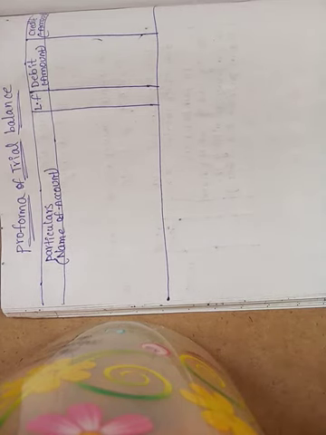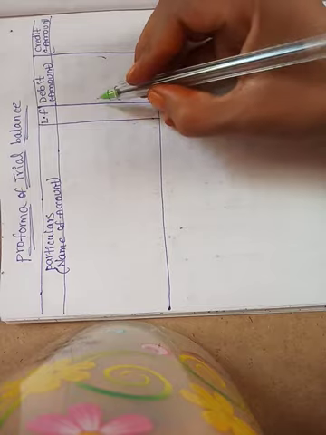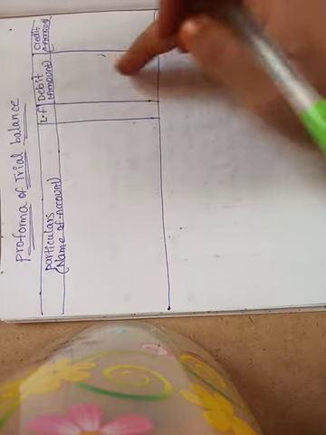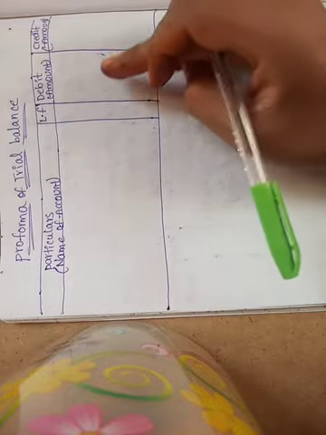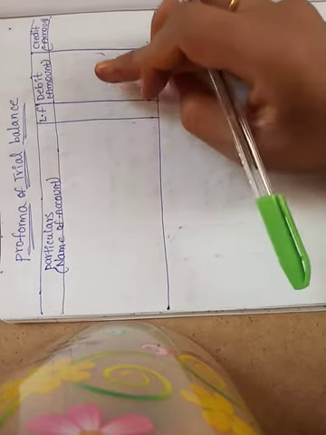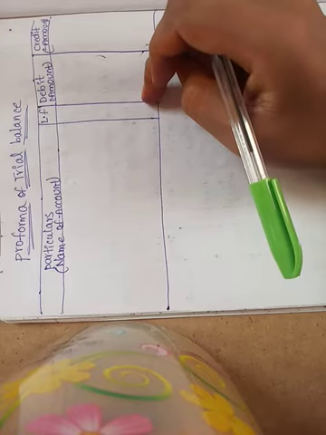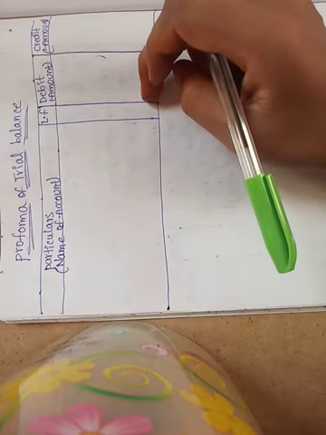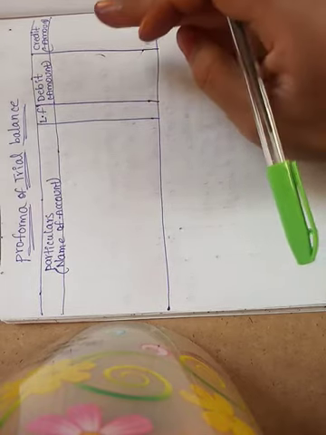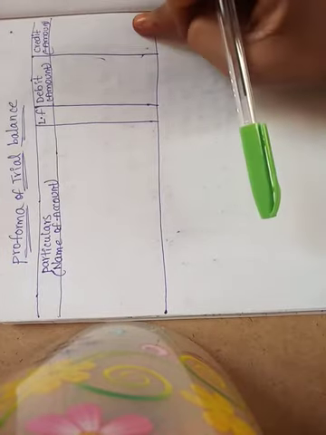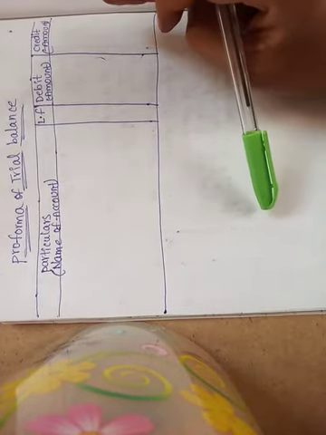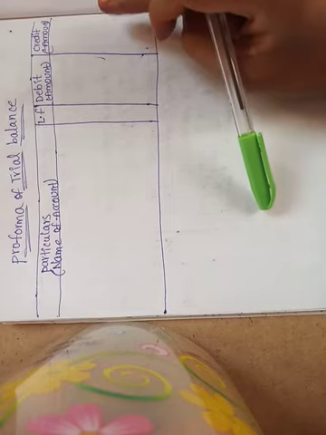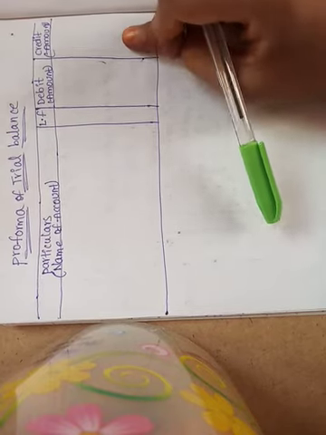In the debit amount column, the balances of accounts that have debit balances will be shown, or the total of the debit side of the account will be written. Next is the credit column. In this column the balances of accounts that have credit balances will be shown, or the total of the credit side will be written.